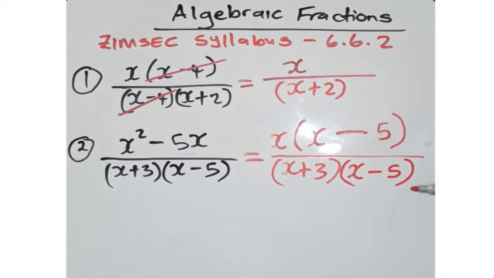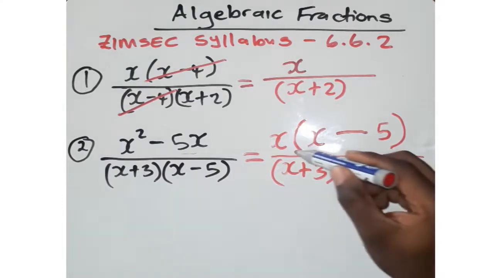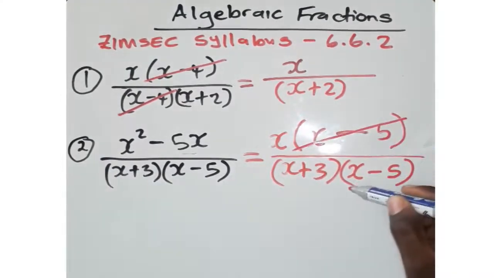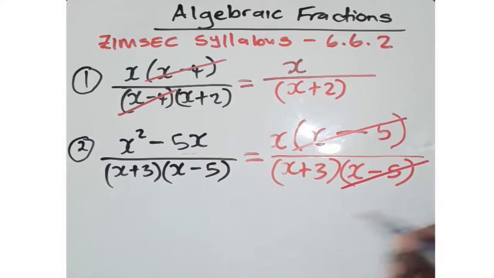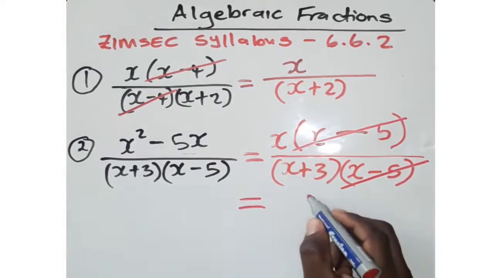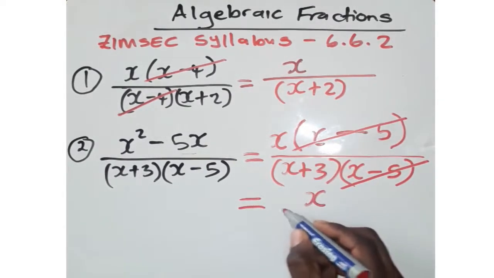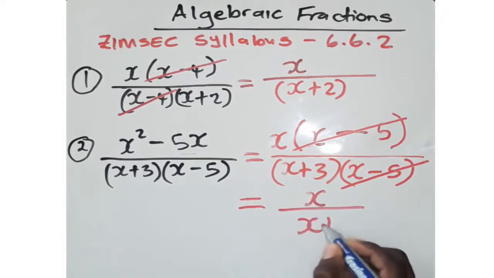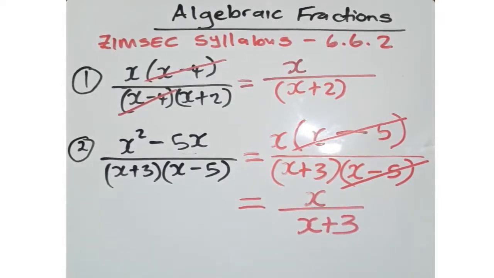This becomes fairly similar to the one that we had earlier in the first example. We have to look at what's common in the numerator and in the denominator. The common expression that we have is x minus 5 and x minus 5 here. So we cancel x minus 5 here and x minus 5 here. What we remain with is our answer, x over x plus 3.